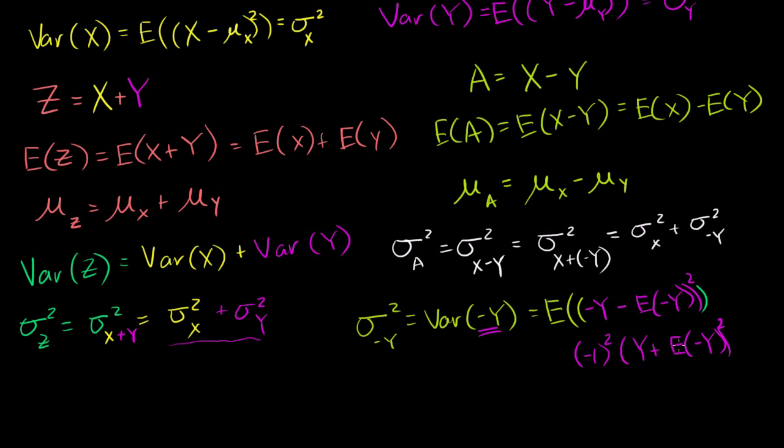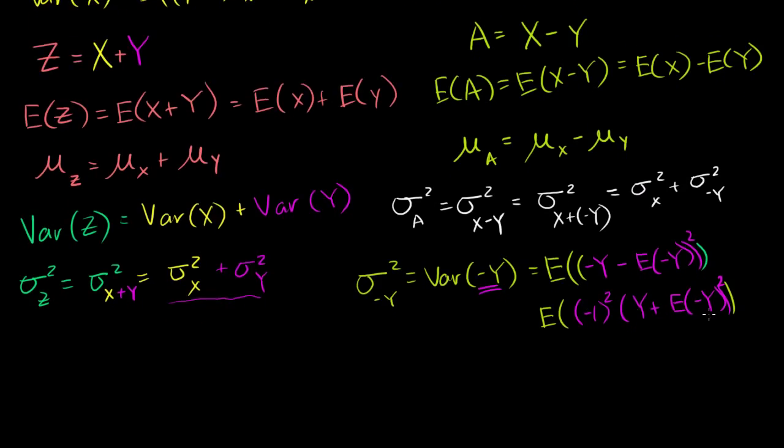So everything in magenta is everything in magenta here, and it is the expected value of that thing. Now, what is the expected value of negative y? The expected value of the negative of a random variable is just the negative of the expected value of that random variable.